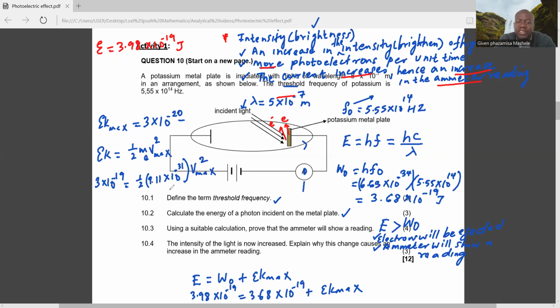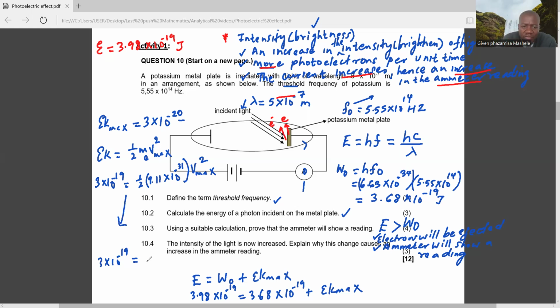So now we can work this out. We have to make v max squared the subject of the formula. So we're going to have 3 times 10 to the power minus 19 equals 0.5, which is half, multiplied by 9.11 times 10 to the power negative 31.